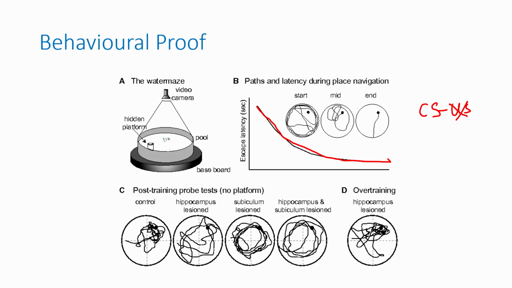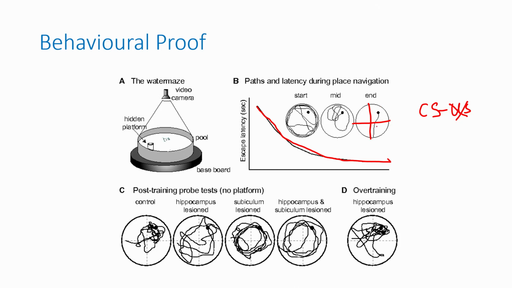If the mouse understands or remembers where the platform is, then it will selectively search for a larger fraction of the time given to it in the place around where the platform was. And you can measure it. You measure it by dividing the entire circular pool into 4 quadrants and measuring what fraction of the time the mouse spent in each of these quadrants.